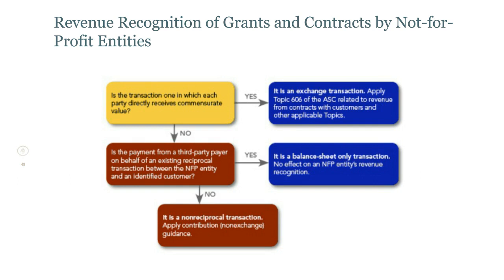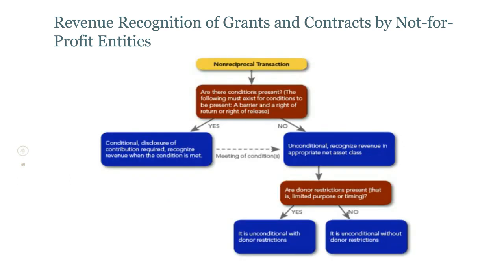And then if you determine that you do have a non-reciprocal transaction, so you've got a contribution, then you need to look and see if you've got a conditional contribution. And right now, again, the guidance is very subjective on this. This is trying to put in a little more clarification about what is a condition, and the conditions have to be both a right of return.